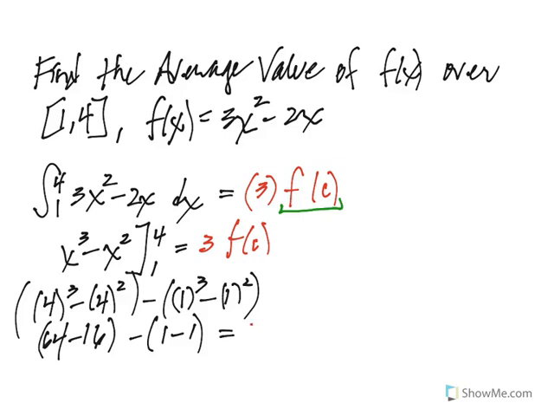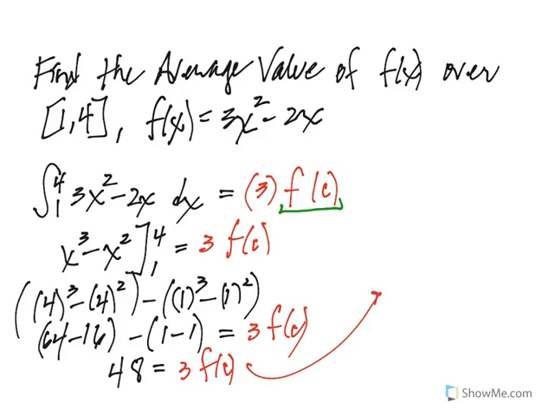This is equal to, of course, 3 f of c. So it looks like I'm going to get 64 minus 16, that's 48. That's 48 minus 0 is equal to 3 f of c. Divide by 3, that means my f of c is going to be equal to 16.